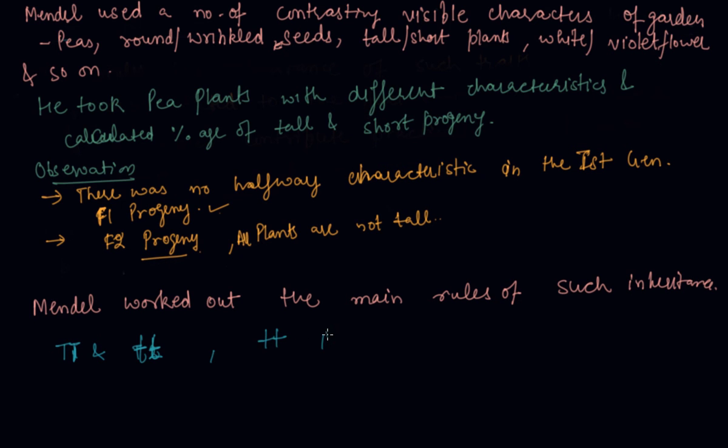Small t is shorter and capital T is taller. The trait T which we are getting from progeny 1 is the dominant trait. Means if we are getting more of our father's traits, then your father's traits are more dominant than your mother's traits.